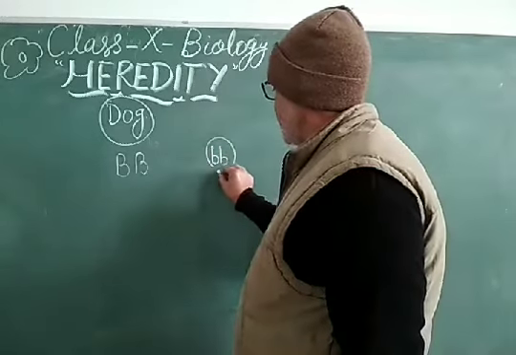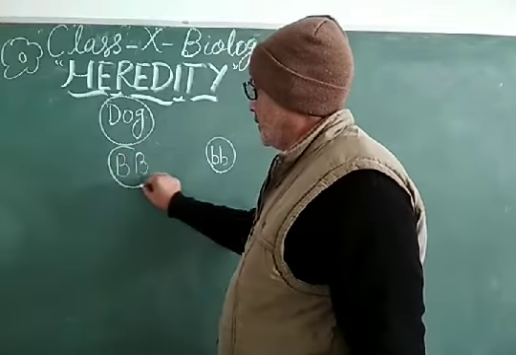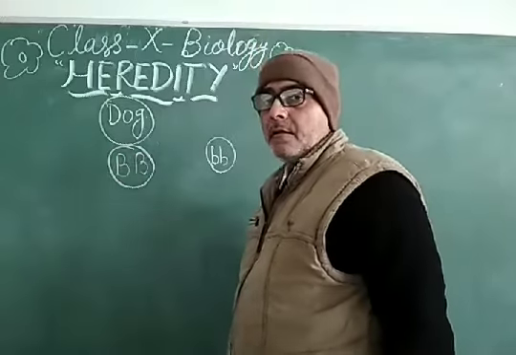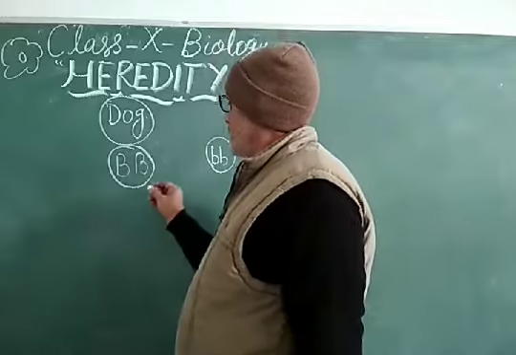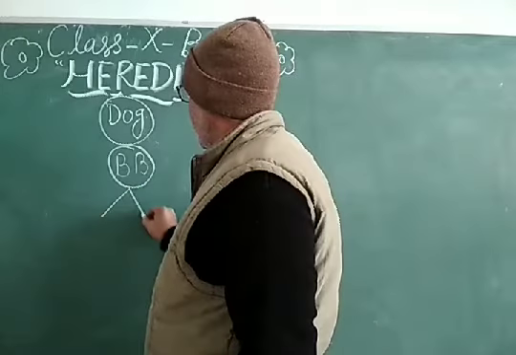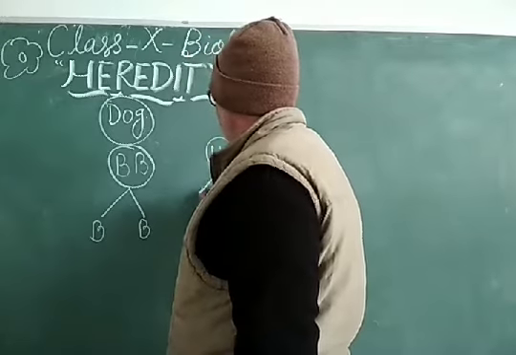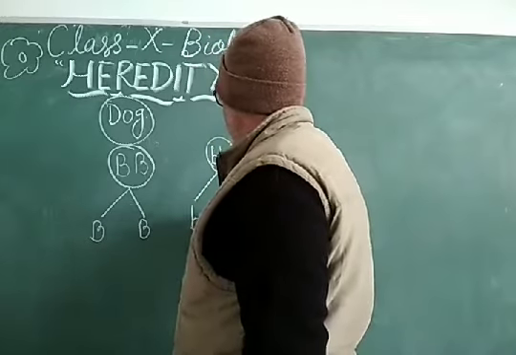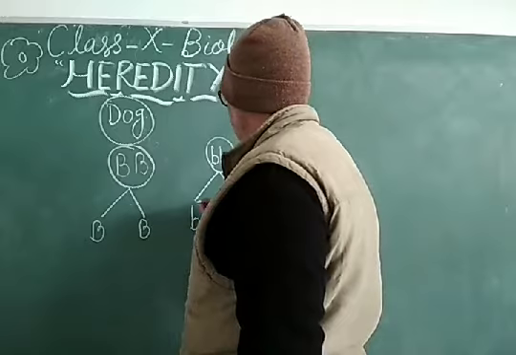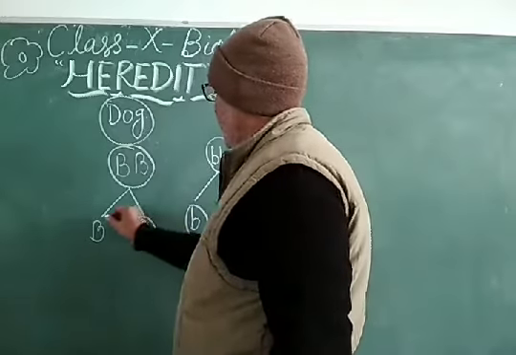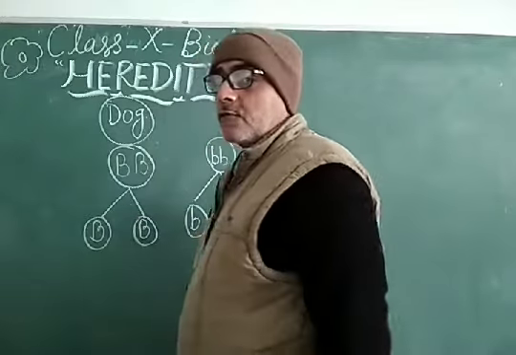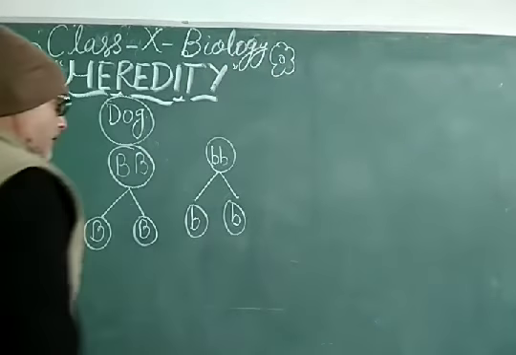So these are two colors of the dog. During gametogenesis, the gametes get formed as B and b like this. So these will be the gametes, and when these gametes cross each other, then what happens?